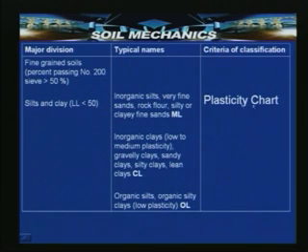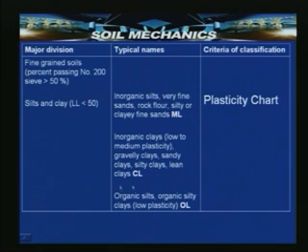From the plasticity chart, inorganic clays of low to medium plasticity, gravelly clays, sandy clays, silty clays, lean clays, are indicated with legend CL. Organic silts and organic silty clays of low plasticity are OL. So, OL indicates organic silts with low plasticity and organic silty clays with low plasticity.